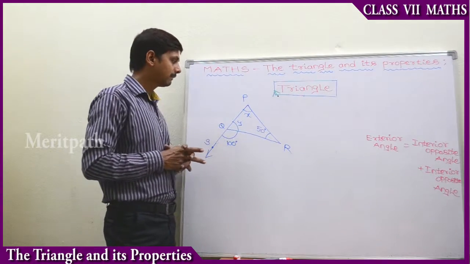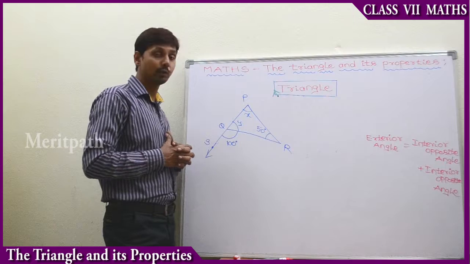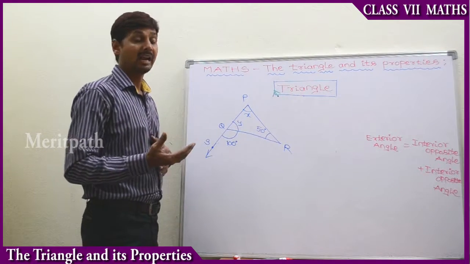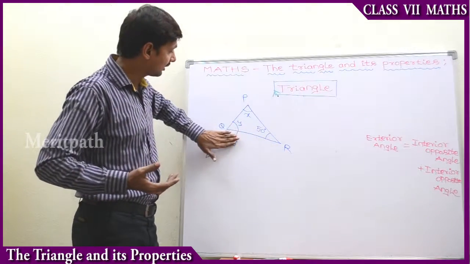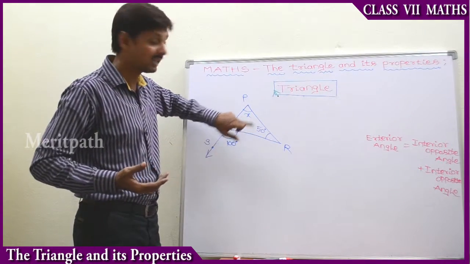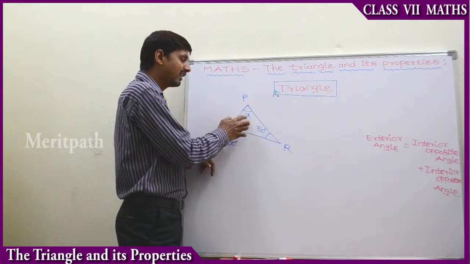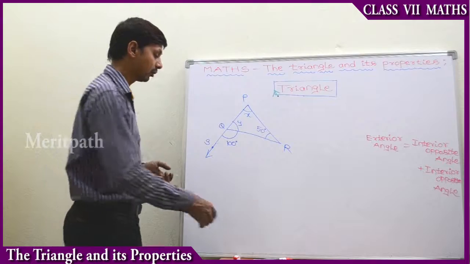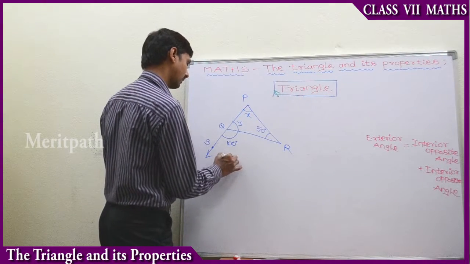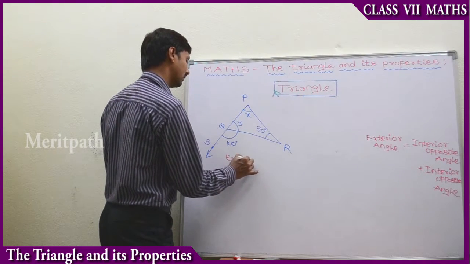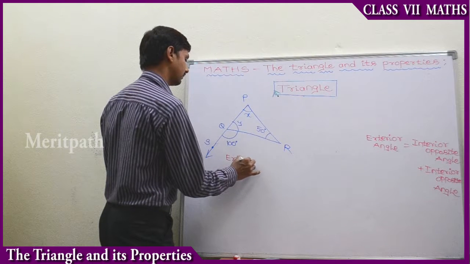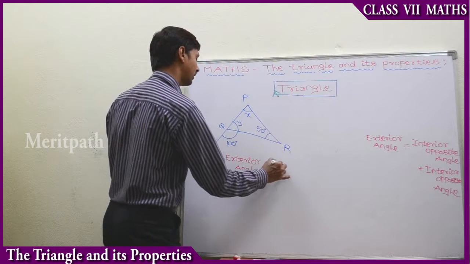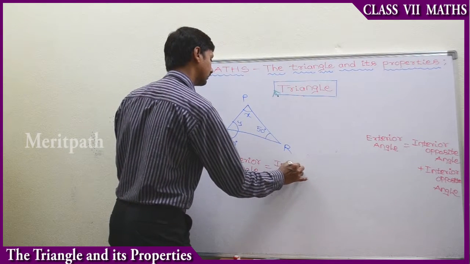Let's use one of the concepts here. If we use the exterior angle property, the exterior angle is equal to the sum of the interior opposite angles, that is, 100 is equal to x plus 50, and by this method we can find the value of x. So let's write: an exterior angle of a triangle is equal to the sum of the interior opposite angles.